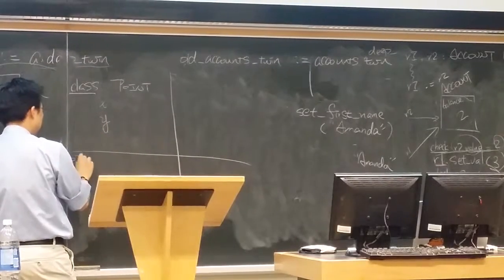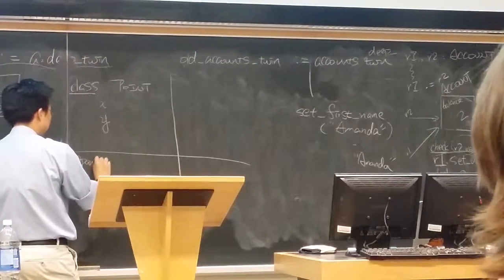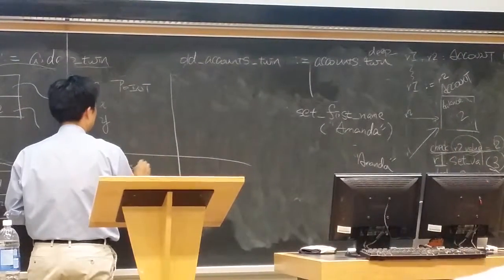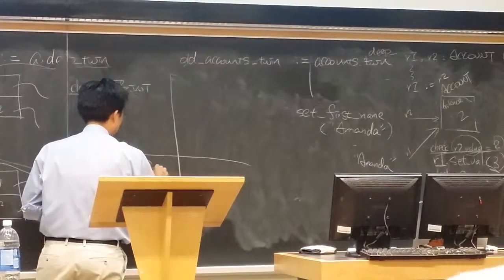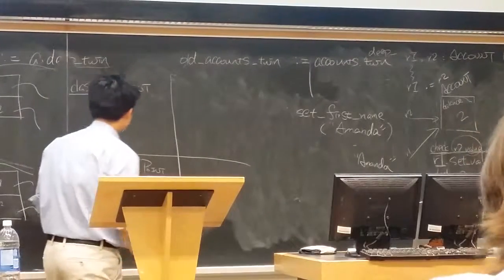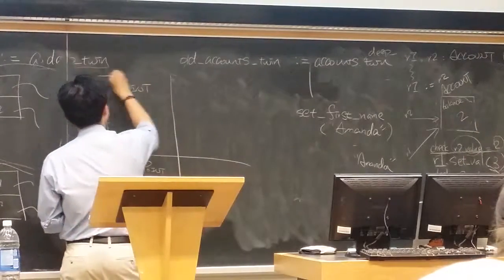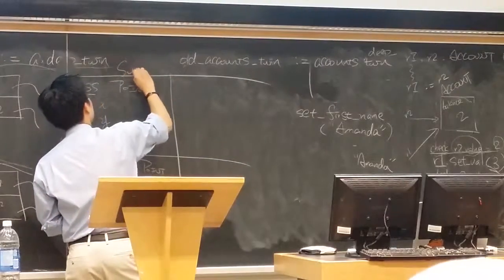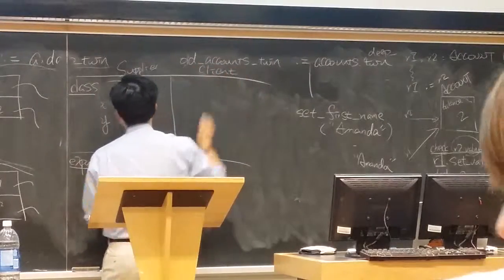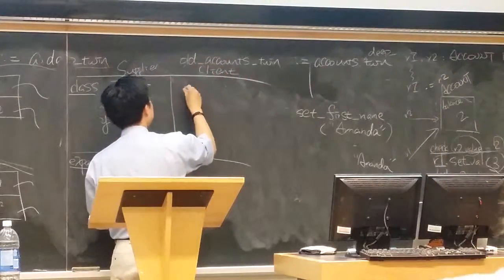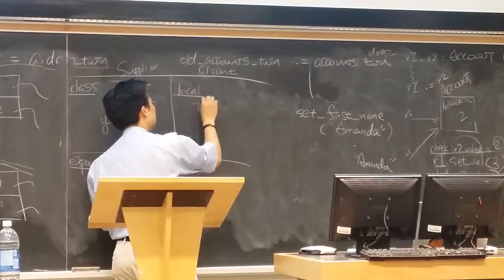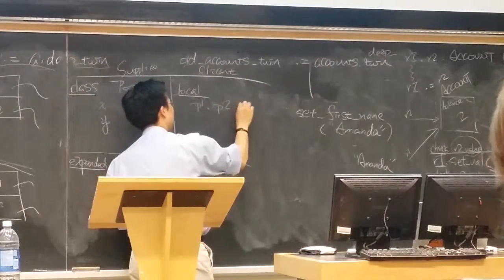And now we have the other kind, expanded class point. Okay, so now we have x and y. This is the supplier side. Now let's see how we use it. Here you might say you have some local variables. So you have P1 and P2 of type point.